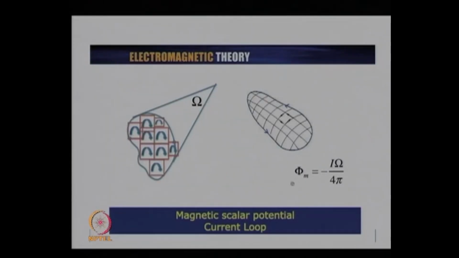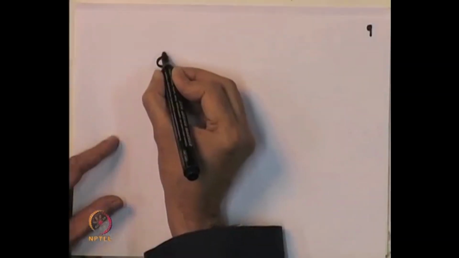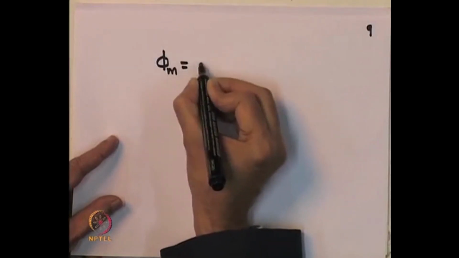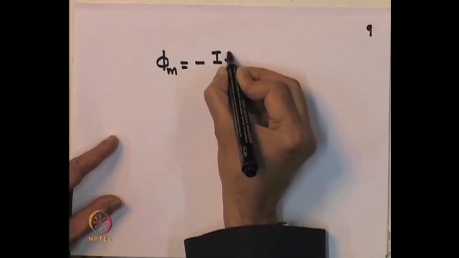So, my discontinuity should be minus I, and taking care of that, it tells me my expression for the scalar potential phi m should be given by minus I omega by 4 pi.